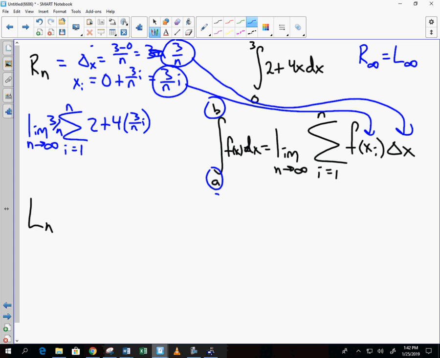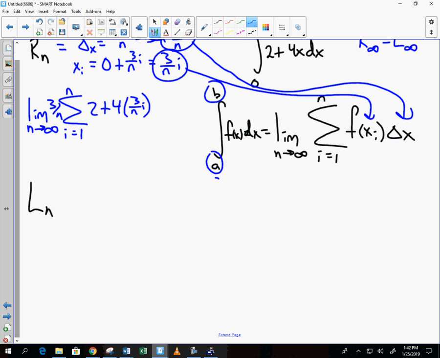If I did a left hand, it's just slightly different. The left hand, I know that delta x is still going to be 3 over n. But x sub i is equal to 3 over n times i minus 1. We do i minus 1 to show that offset that I showed you earlier.